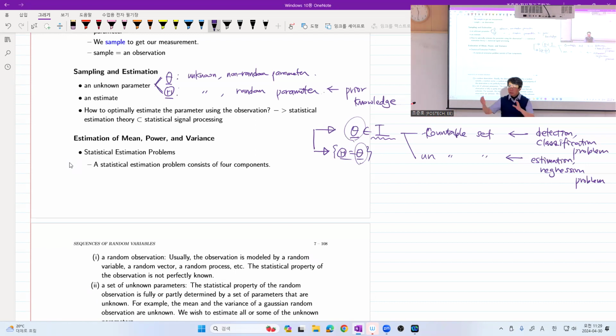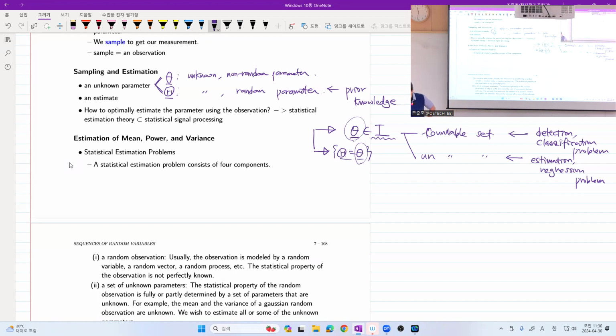After we observe, for example, the output of our antenna, we want to find out what the bits were, 0s or 1s. In that case, we definitely have a random vector, so it's a random parameter inference problem. Each bit can be 0 or 1, so our index set would be 2 to the length of this bit sequence. It's finite, so we have a detection problem.